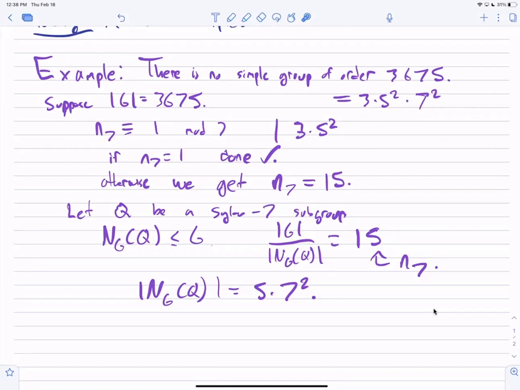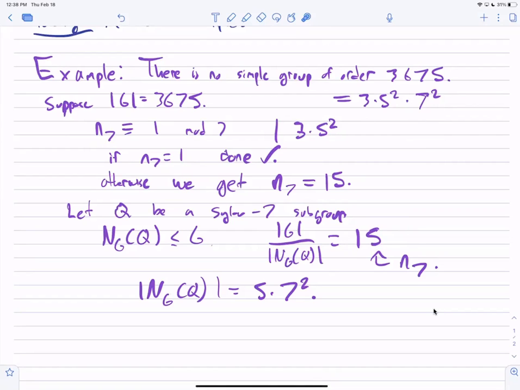So what I'm trying to do here is bootstrap off of the Sylow-7 subgroup and something we know about it to produce a permutation representation on a sufficiently small set. Here we're getting a permutation representation on a set of size 15. That's too big. 15 factorial is much bigger than this number, so there's no way we can use that to get a contradiction.